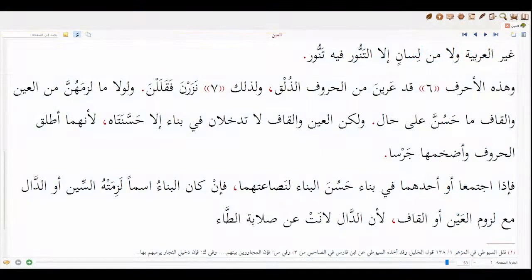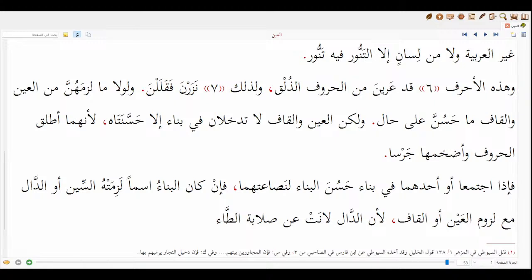So we'll say that وأضخمها جرسا: whenever ʿayn or qaf enter upon a word, it makes the rest of the word greater or more powerful in its sound. So it strengthens the sound of the word. That's why we accept that word, even though technically we shouldn't.